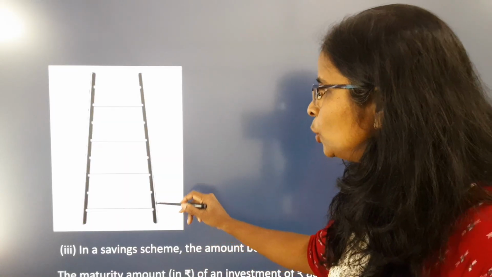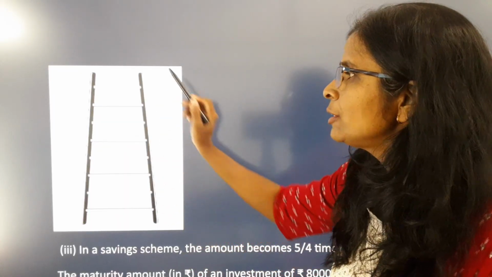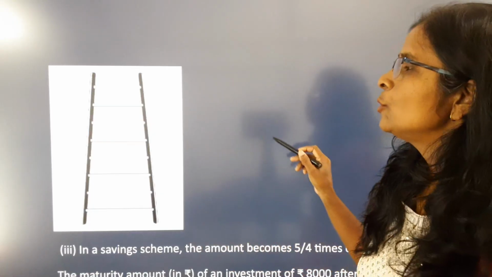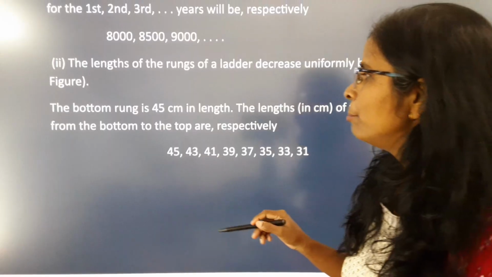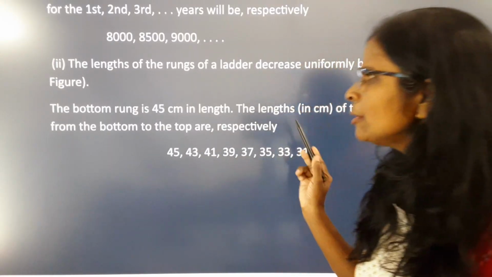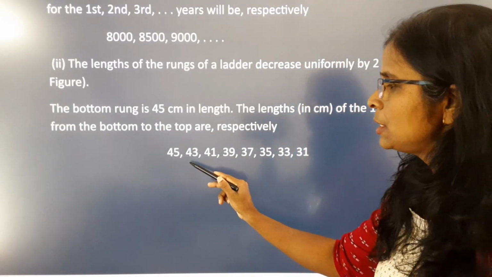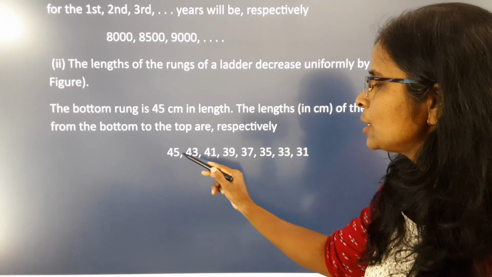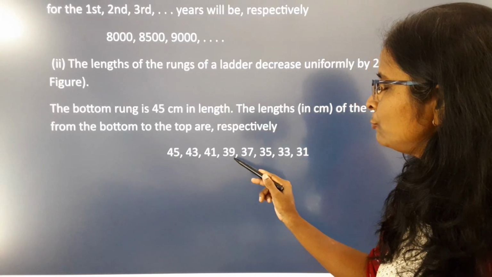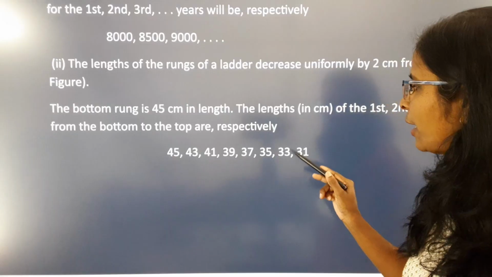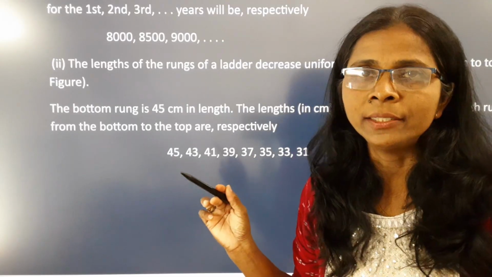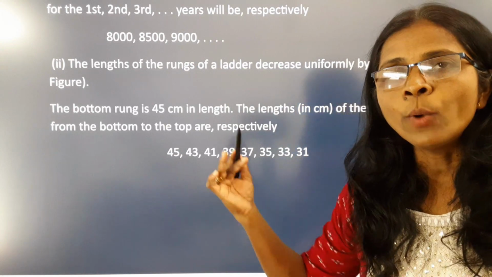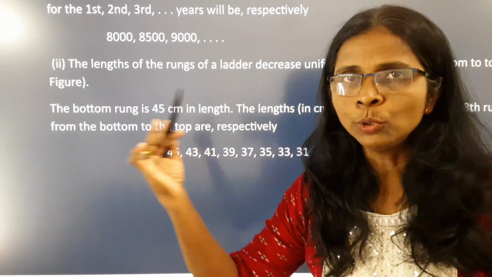From bottom to top, the lengths of the rungs decrease by 2 cm. This is the list of numbers: 45, 43, 41, 39, 37, 35, 33 and 31. So these are the rungs of the ladder respectively, one by one from bottom to top.